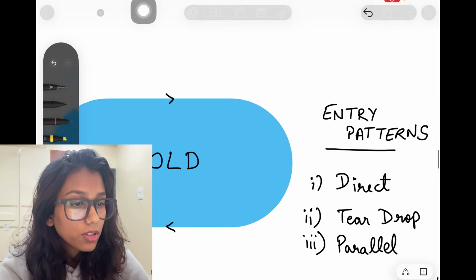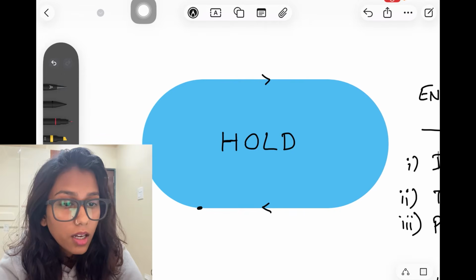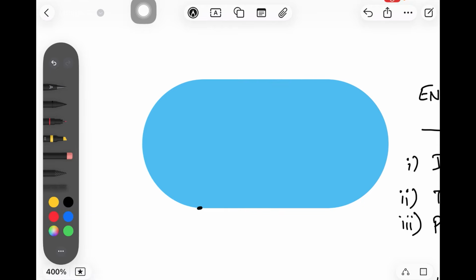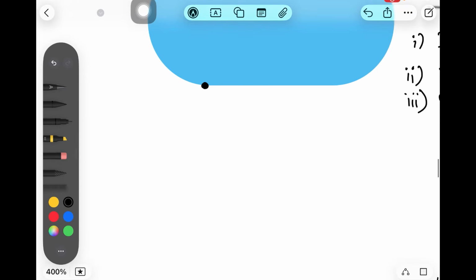Now, if you come back here, I will just erase this. With a black color, I have made this small black point. Let's assume this is our viewer. Our runway in use is 27. Okay, so runway 27 is in use.